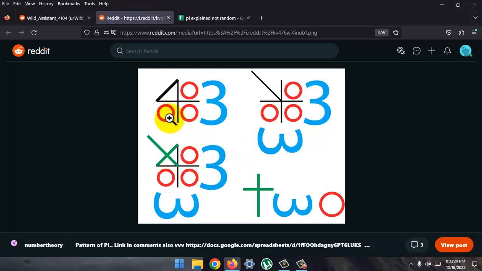So there's 3 circles. That's 1, and this can be illustrated as 2. And this is telling you that those 2 are connected. Now, this doesn't illustrate a proper 3, but this does. This line is the same length as this line, is the same length as this line, and both of these are alike to both of these, to illustrate that this is an extension and this is double that extension.